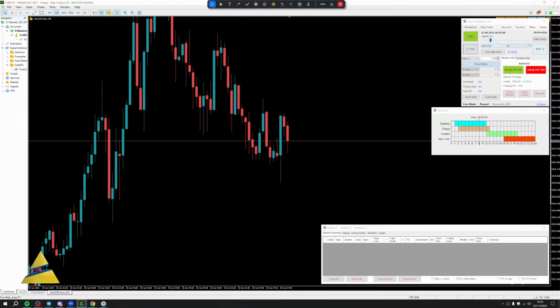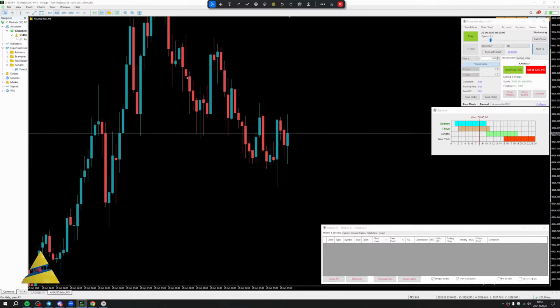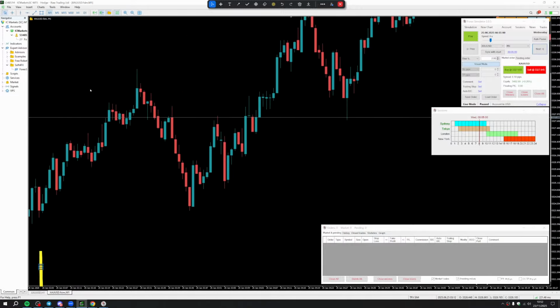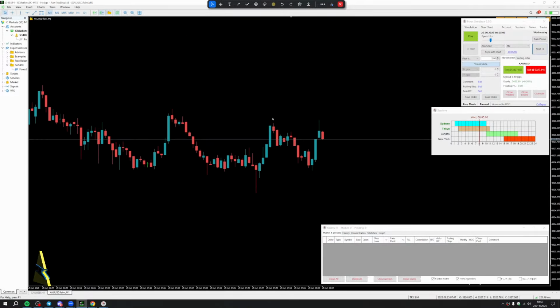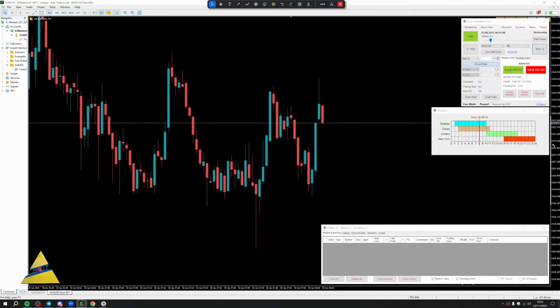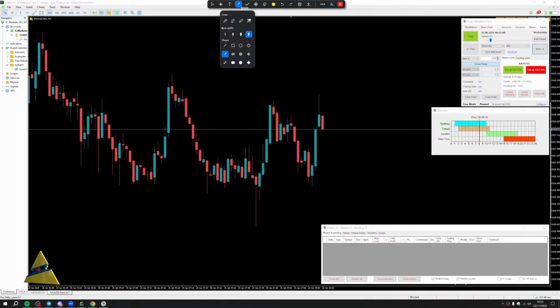So let's just continue now. It looks like it's creating some kind of accumulation. I think this is a pretty straightforward one too. Go on the 1 minute time frame. See, it broke. There was this little one here that actually got faked out.